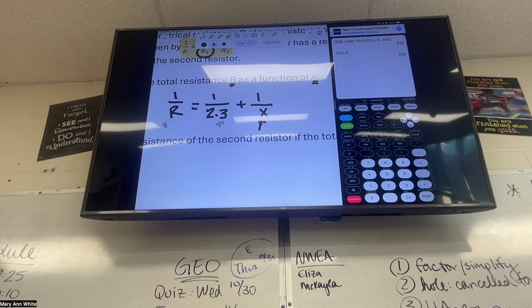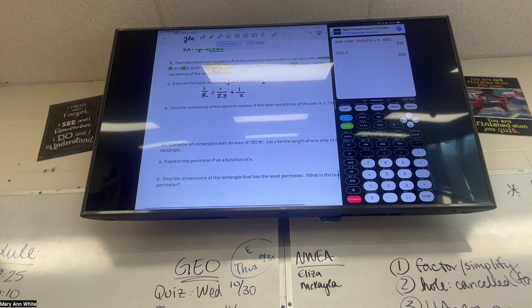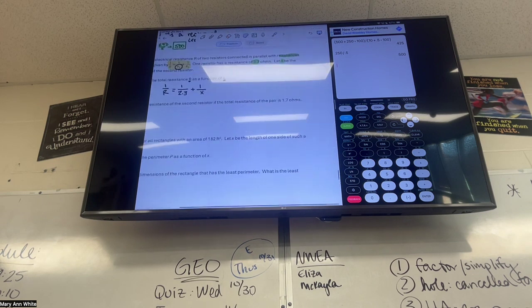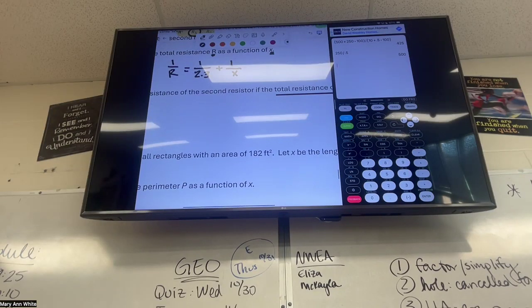Okay, now we're going to take that equation that they gave us. It says find the resistance of the second resistor if the total resistance is 1.7. So where do I put 1.7 in my equation? R, very good. 1 over 1.7 equals 1 over 2.3 plus 1 over X. That looks like what we were doing yesterday, doesn't it?